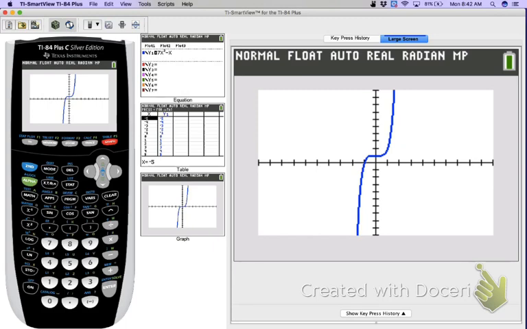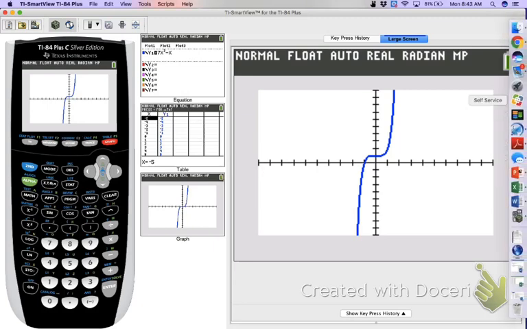Like whenever we plugged in the 1, what do we get? We got 2. Okay, I think my scale's off. But our values aren't going to match to make it an even or an odd function.